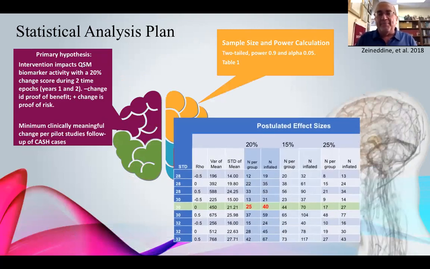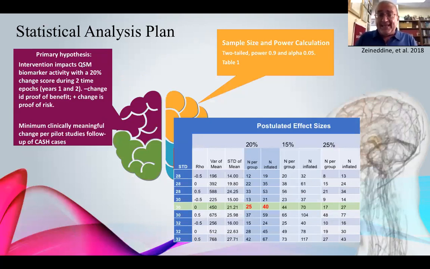So we did sample size calculations, and we think we need 40 patients in each group, so 80 patients total over 3 years of enrollment. So it will be up to 5 years of follow-up, since each patient is followed for 2 years. The last patient will get enrolled in year 3 and followed for 2 years.